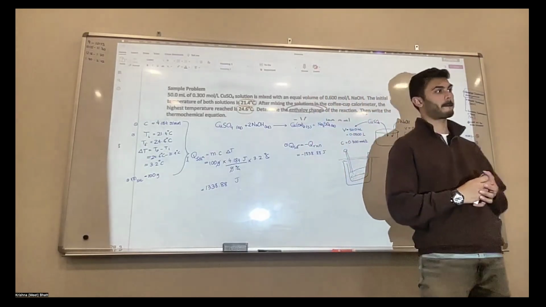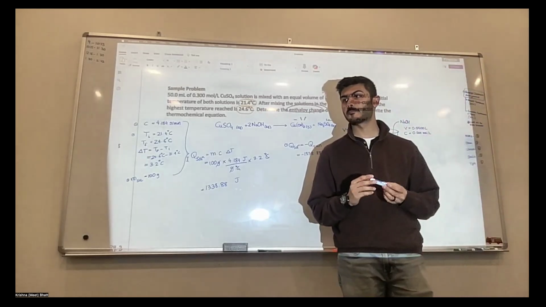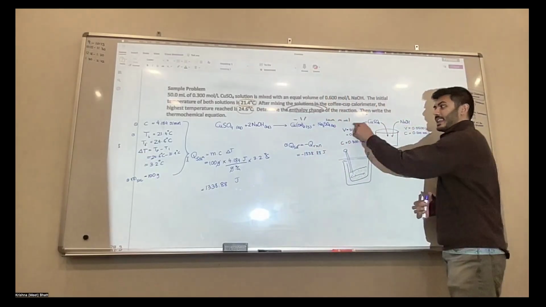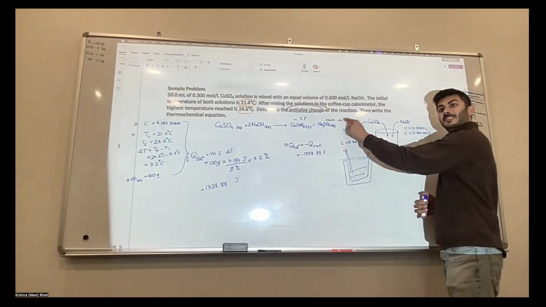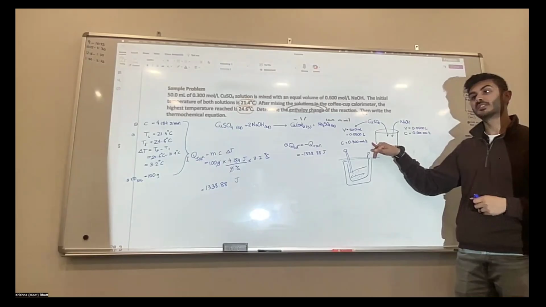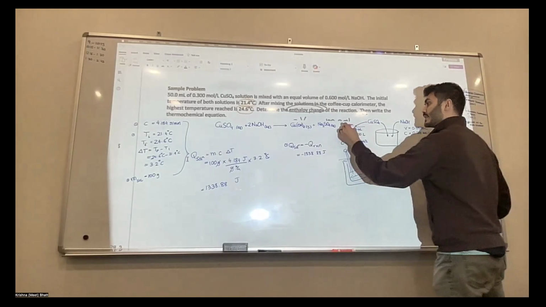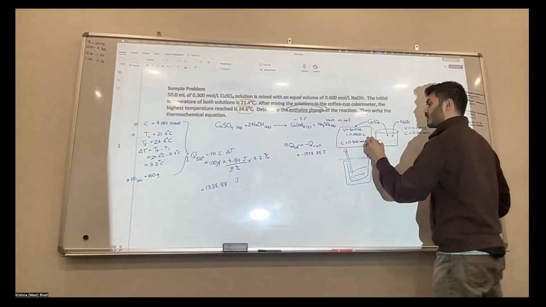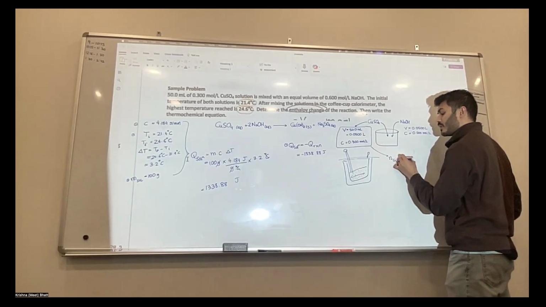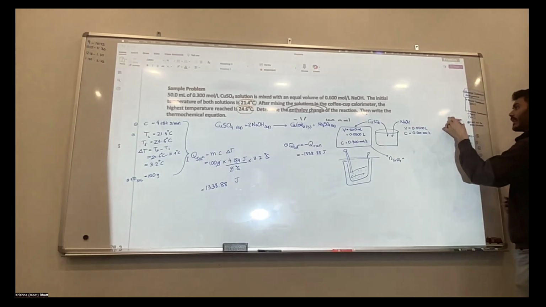Concentration times the volume. Can I find the moles? Yes. I have the volume, and I know what concentration I used. I can use this section over here to figure out the moles of CuSO4. How can I calculate that?